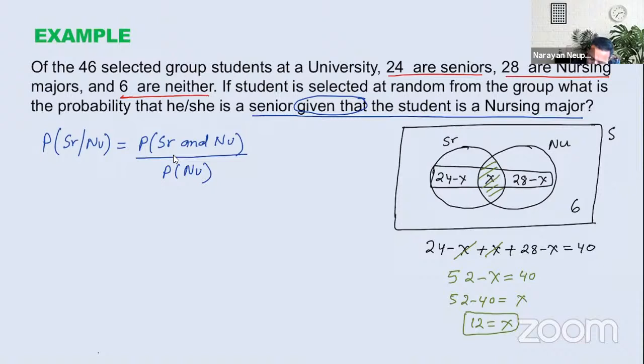So this is equal to the probability of being senior and nursing. Senior and nursing is 12. The probability that the student is senior and nursing is 12 out of 46. And then the probability that they are a nursing major, we have 28 out of 46. So now you can see 46 and 46 cancel. It will be 12 over 28.